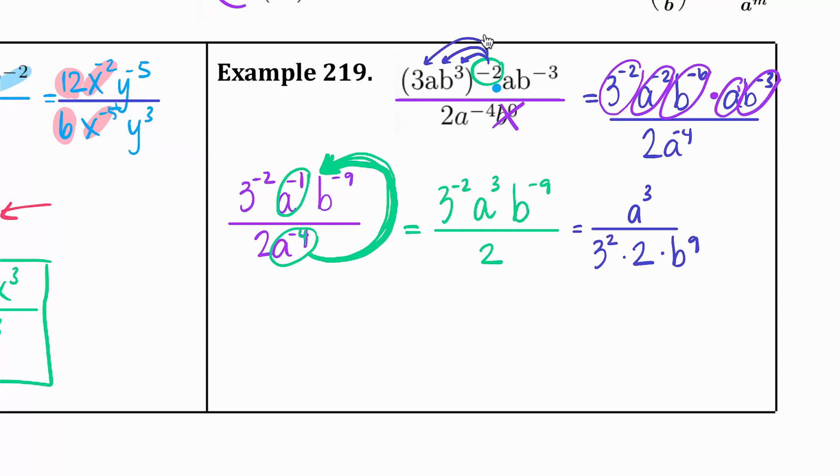We know that 3 to the 2nd power is 9, so I'm going to change this to a 9. We can go ahead and multiply that 9 times 2. So we get a cubed divided by 9 times 2 is 18, b to the 9th power. So sometimes there are a lot of rules that we're working with, but just take it one by one, and anytime we see a negative exponent, we're going to move it to the opposite side of the fraction to become positive.